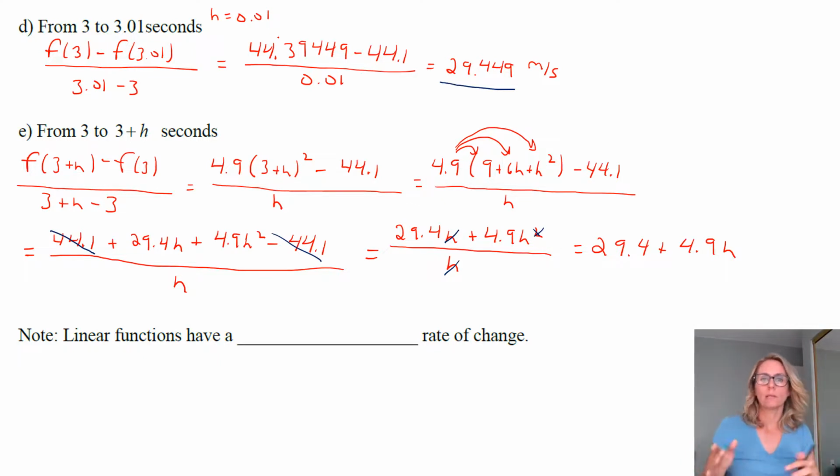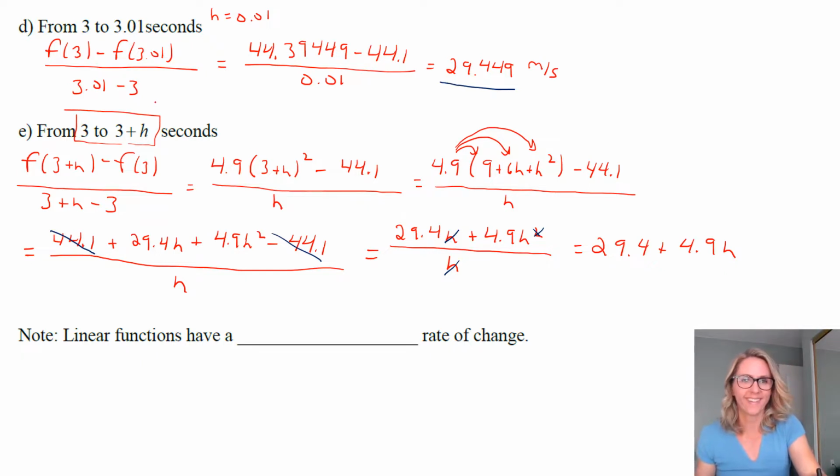So my point is, instead of doing all this work for all these problems, what we've done now is just come up with an expression for the difference from 3 to 3 plus h. So if you know what the difference is from 3 to 3 plus h, that's h. And then that could just be plugged in right over here, and that would give you those numbers that we got by doing all the calculations.